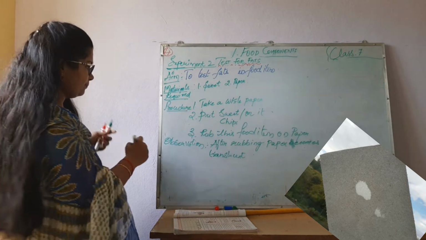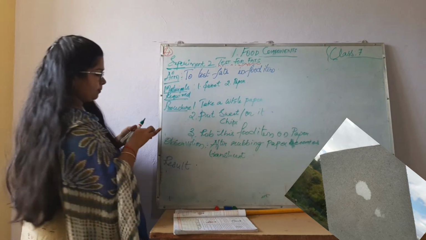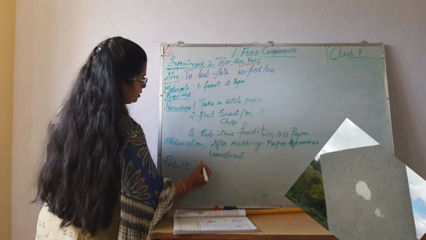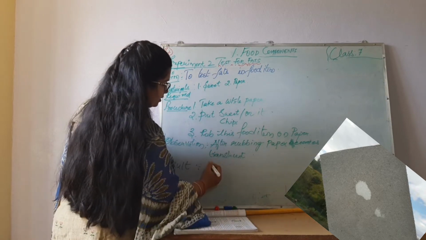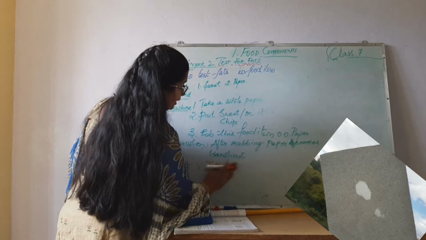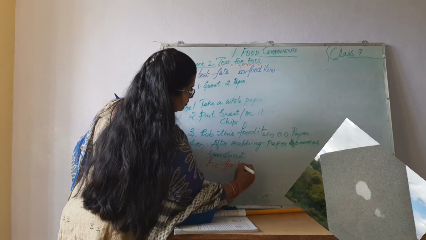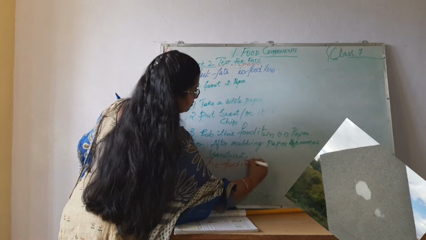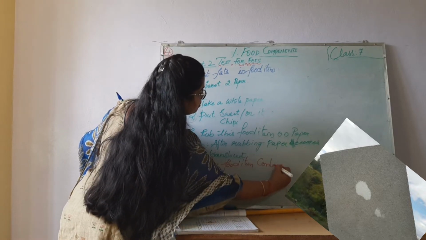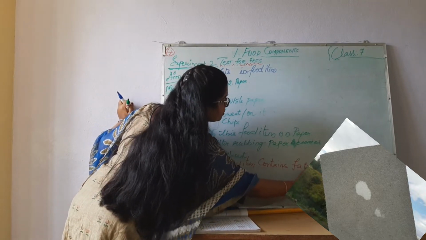And result. What does the result show? The paper has become transparent, so the food item contains oil, fat, in it.